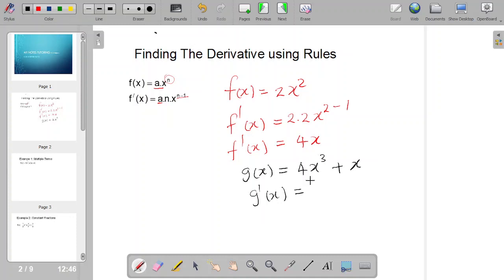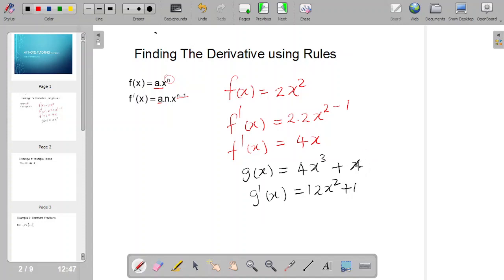So 3 multiplied by 4 will give us 12x, and then you say 3 minus 1, which will be 2. Then here, this is a different case, because for most learners this might be challenging. Here you have x, but also in front of this x you have an invisible 1. So you are multiplying 1 and 1, which means you will have 1.